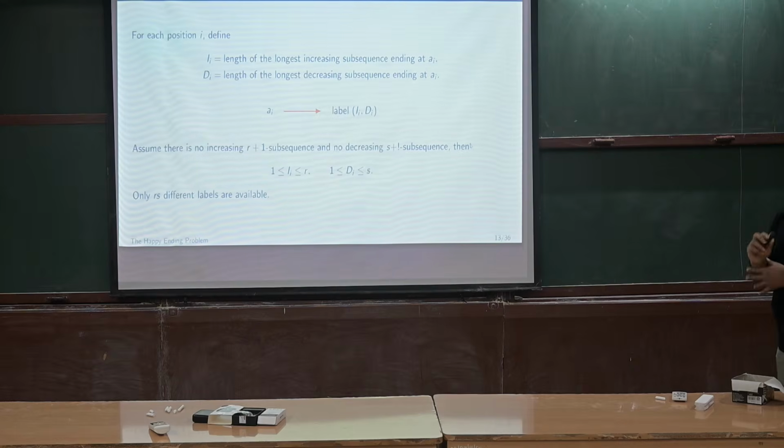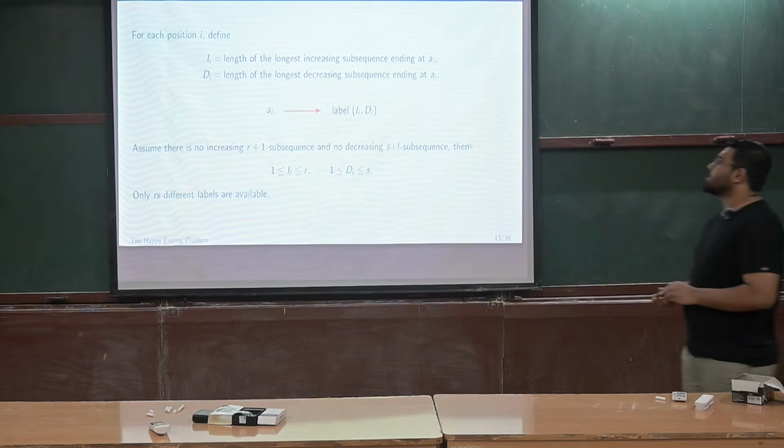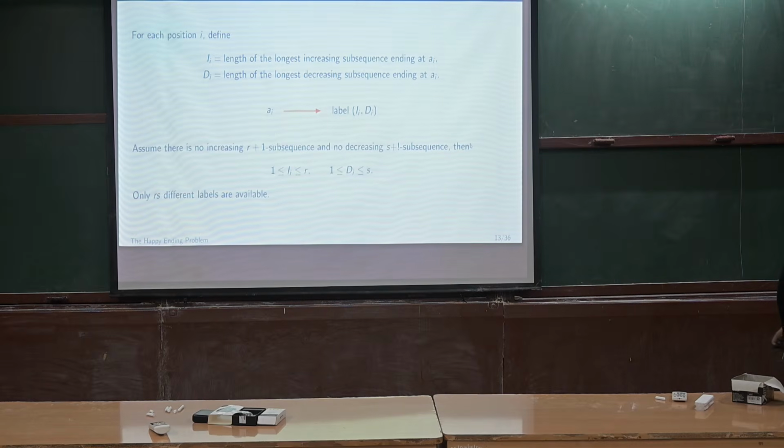Now for the proof of this, or rather a proof idea; you can go over the rigorous parts yourself. A is a set of rs plus 1 numbers.